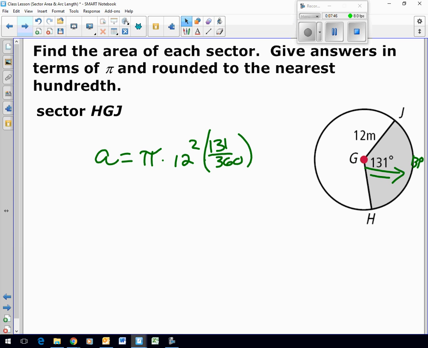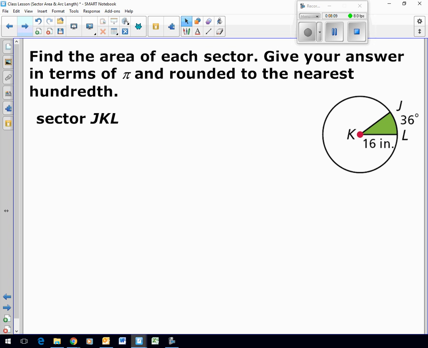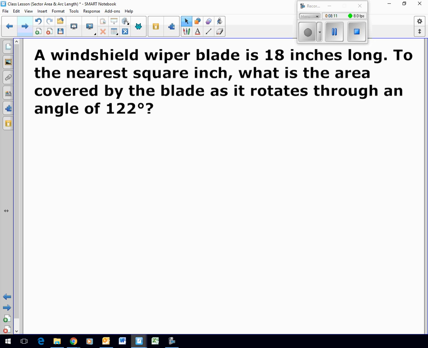Calculate pi times radius squared times 131 over 360. 164. 164.5, somewhere in there, right? Is that what you got? Good deal. I think y'all can do that one on your own.